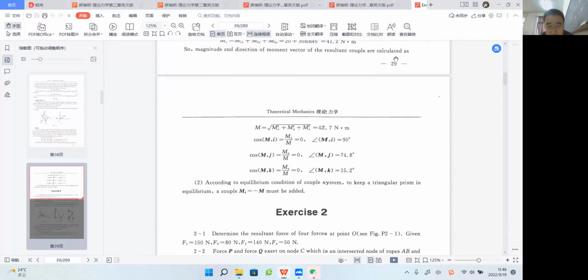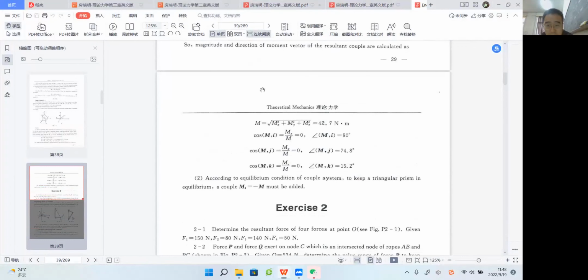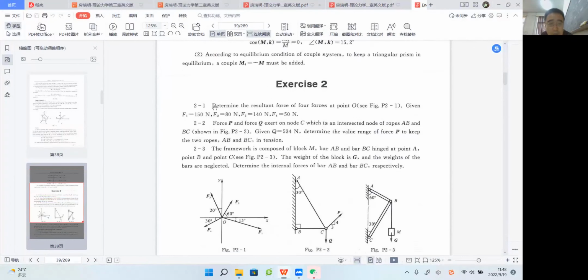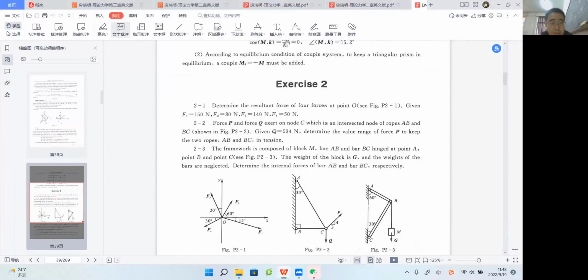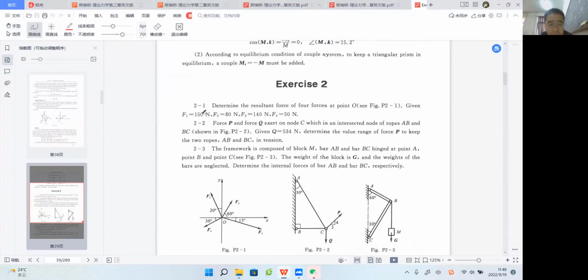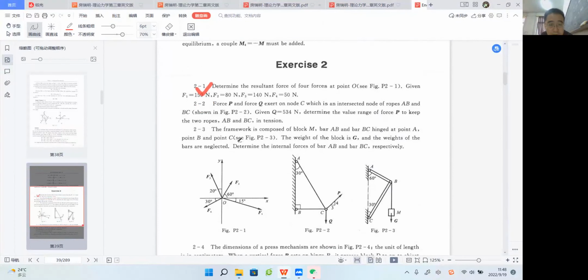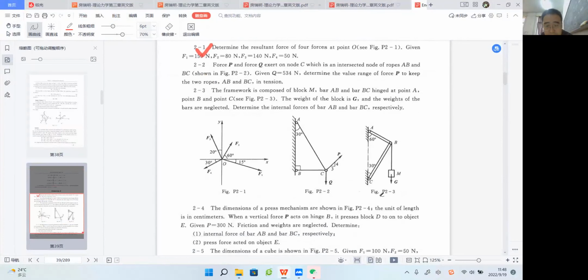I think from page 30. So from page 30, the first one is our homework, and this one is also our homework. So please, you guys, try to finish by yourself, and next time, maybe we will do that together, right?